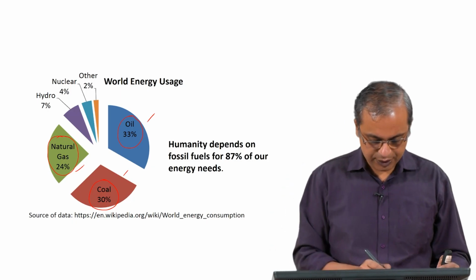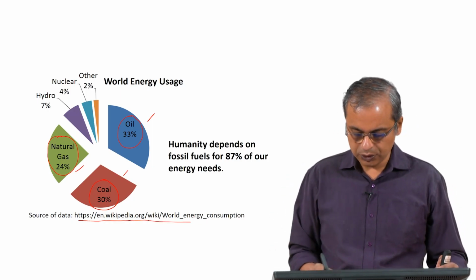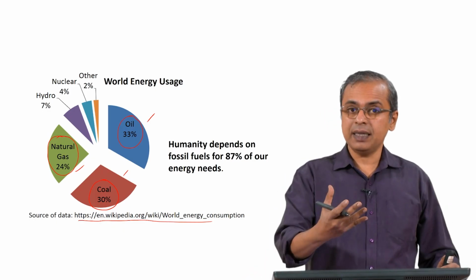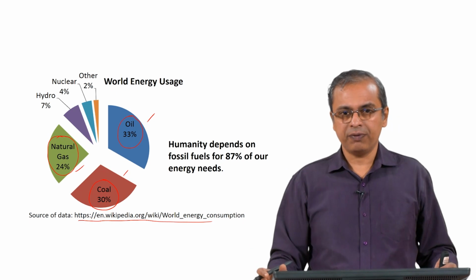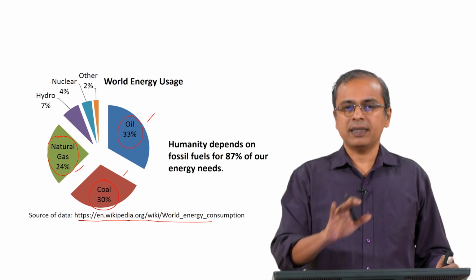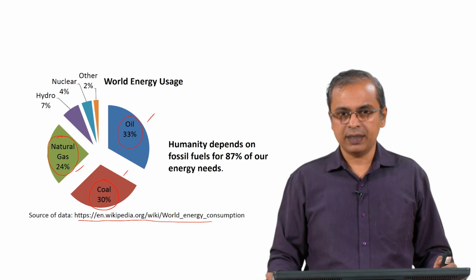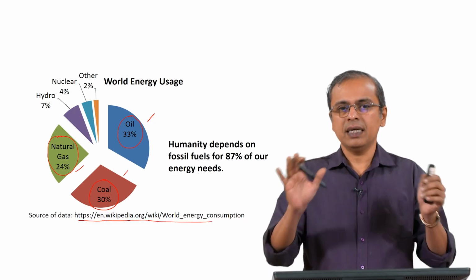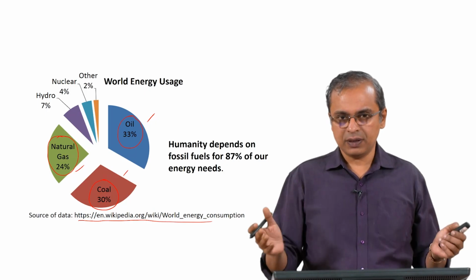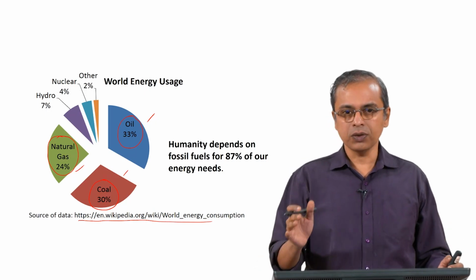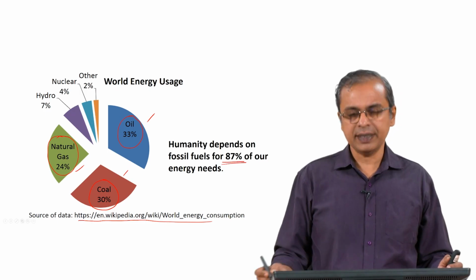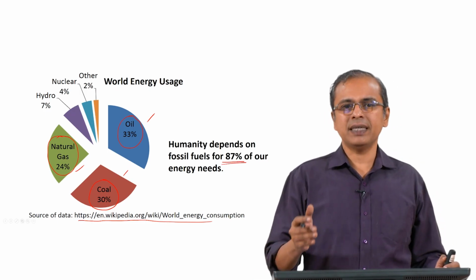For example, here I am using data which is open source, available at the Wikipedia site, but similar data you can obtain from different places. You will generally find that these three forms of energy are the largest used internationally. So, in that sense they broadly agree, and it does not really matter which source of data you use. Here, for example, I am saying this totals to about 87%. That exact percentage may vary a little bit.